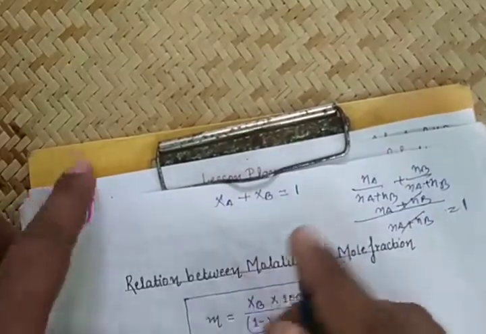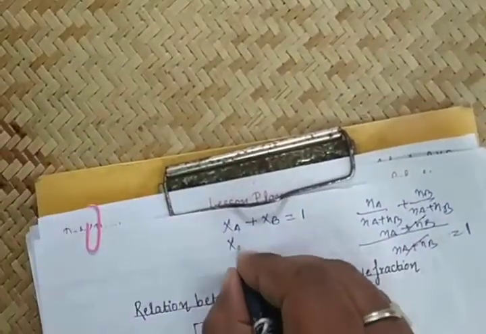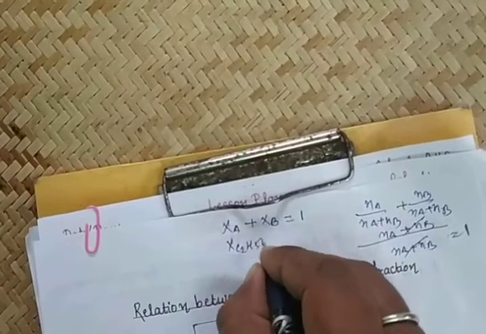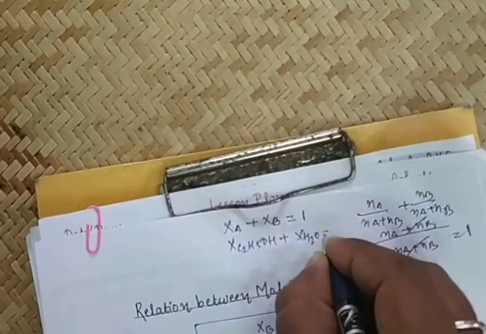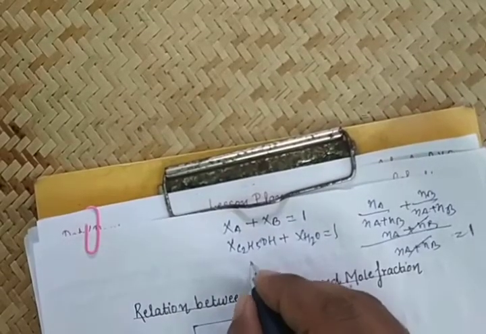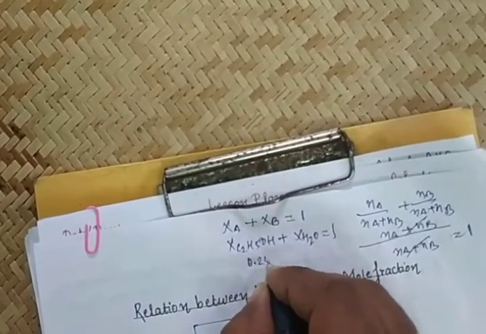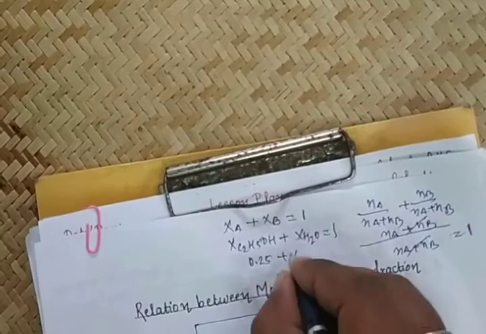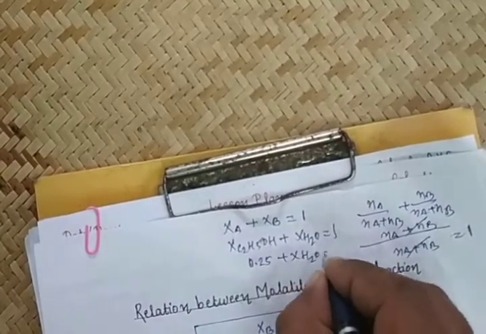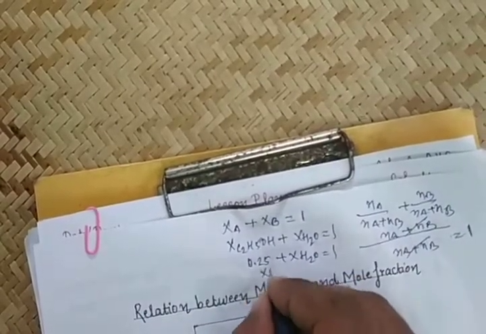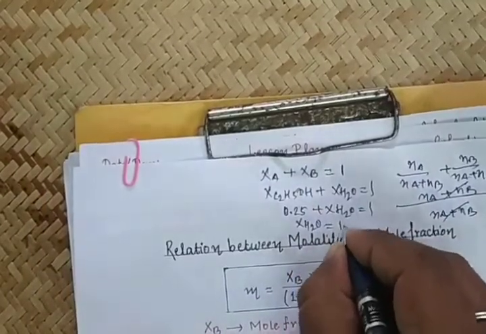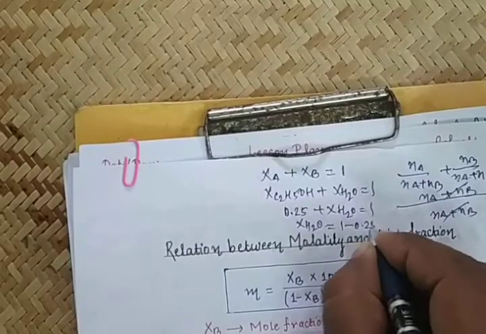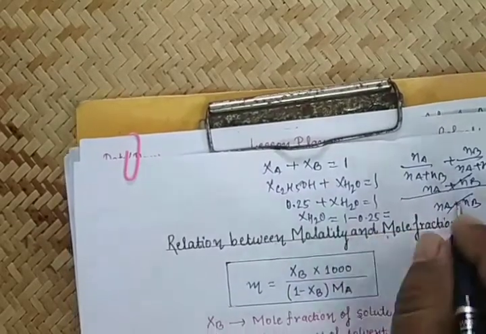So you find the same for zeta C2H5OH plus zeta H2O equals 1. So 0.25 plus zeta H2O equals 1. Now zeta H2O is 1 minus 0.25. Clear?